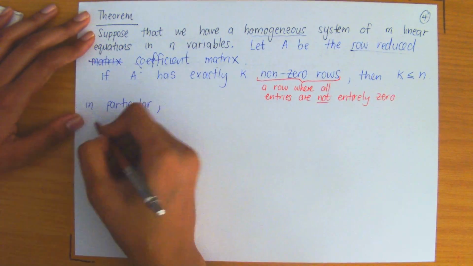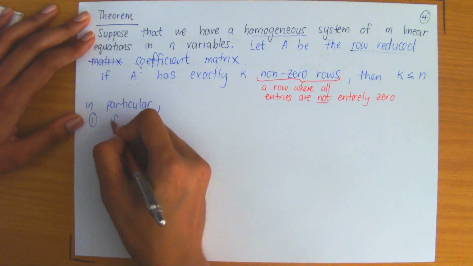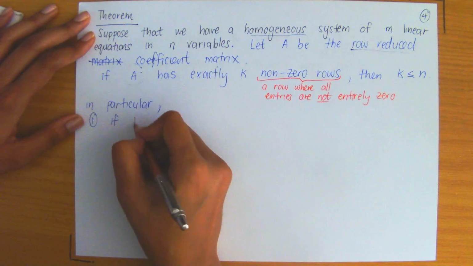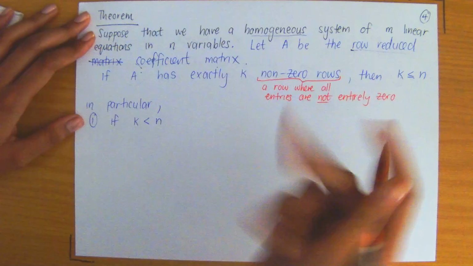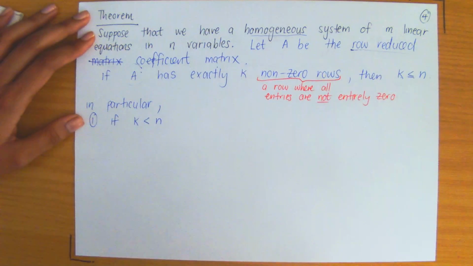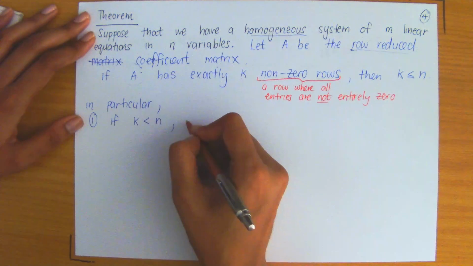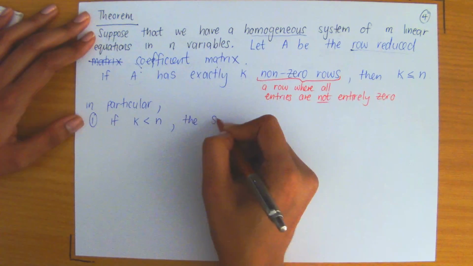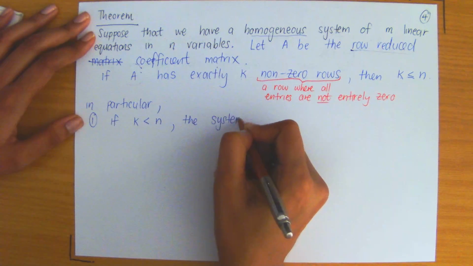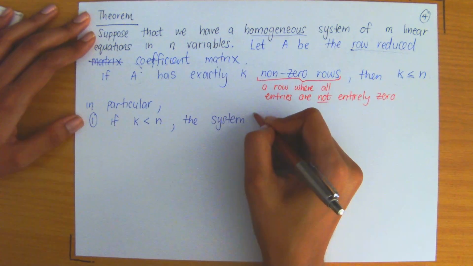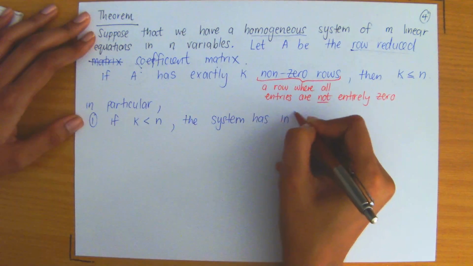We have that if k is strictly less than n, so not just less than or equal to, so we're now considering what's happening in there, we are unpacking, then the system has infinitely many solutions.